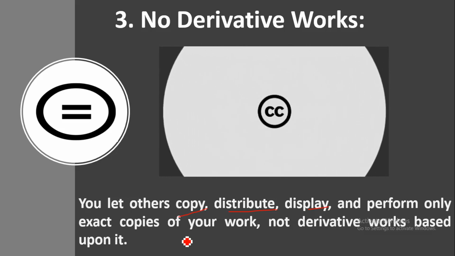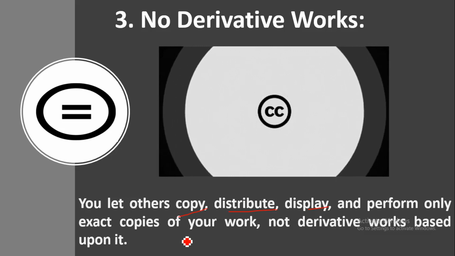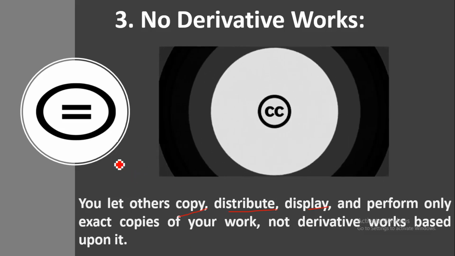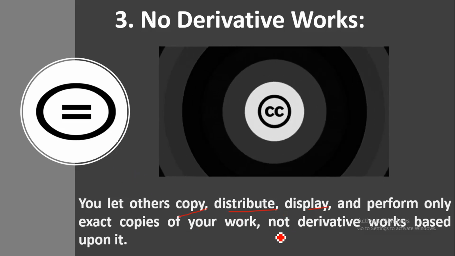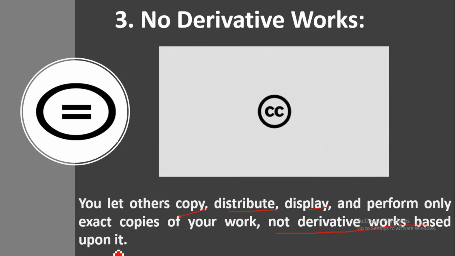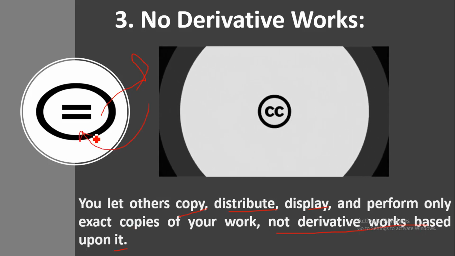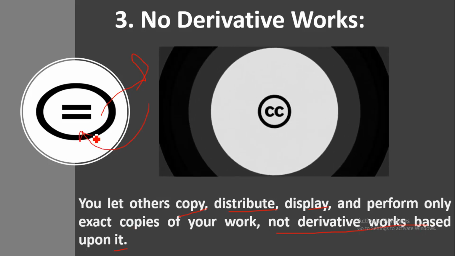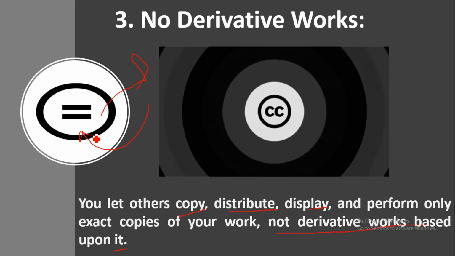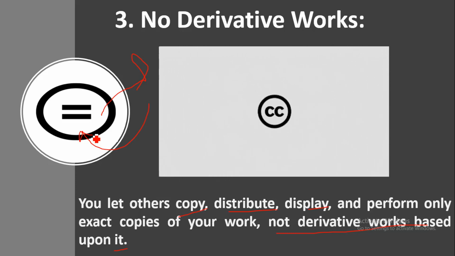You cannot add or delete anything from my content. That means no derivative work based upon it. Whatever you have been given, you have to use it in the same way. So this is the third type of license attribute available under Creative Commons.